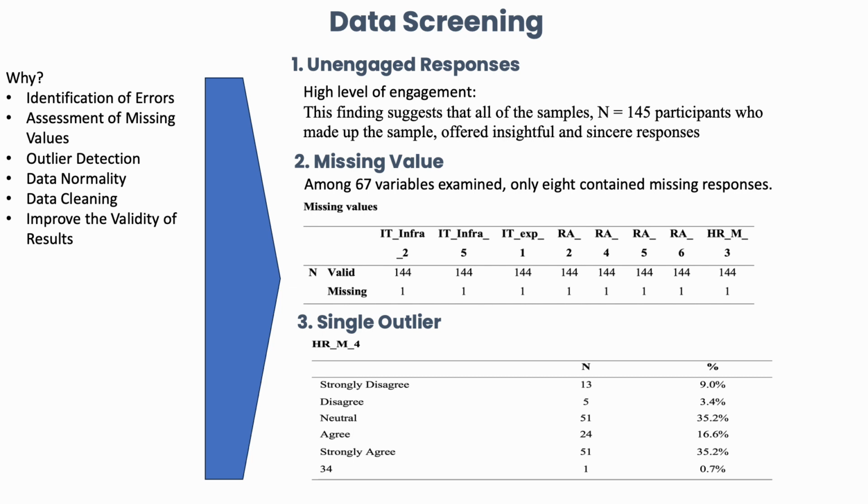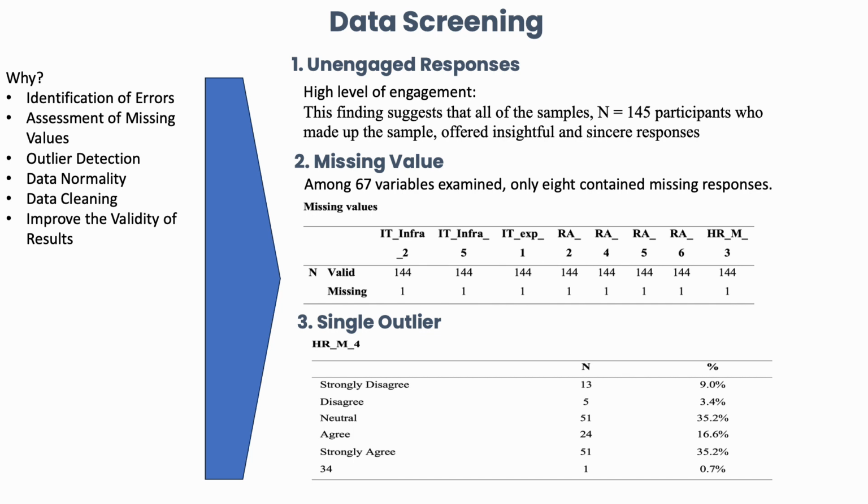Third one is outlier detection. Data screening is crucial for detecting outliers. Outliers can influence statistical analysis results and could lead to incorrect conclusions if not properly managed. The next one is data normality. The normality of data is a key assumption for many statistical analyses. Therefore, data screening can help us to assess whether this assumption is met or not.